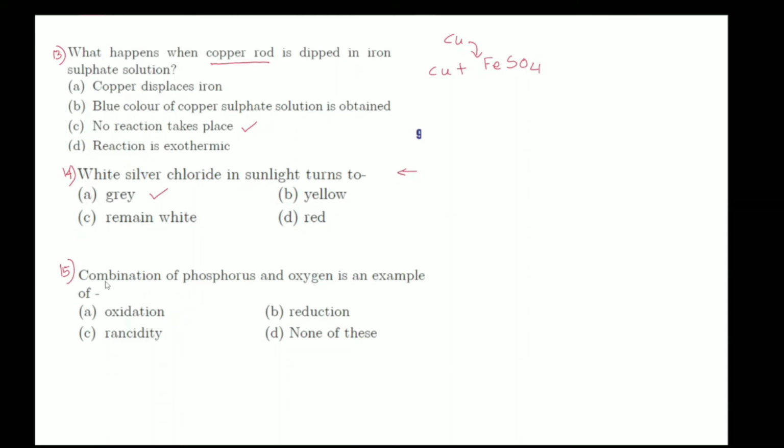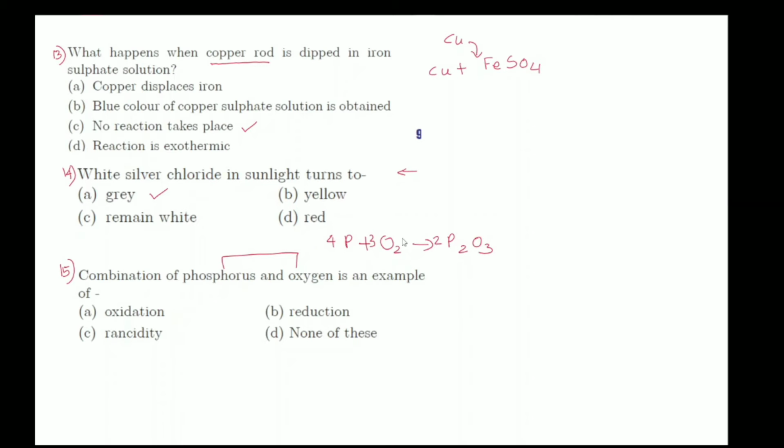We have the next question, 15. Combination of phosphorus and oxygen is an example of. Phosphorus is combined with oxygen. We have phosphorus combining with oxygen, 4P plus 3O2 gives you 2P2O3. Let us balance this. This will be 3, this is 4, and here it will be 2.